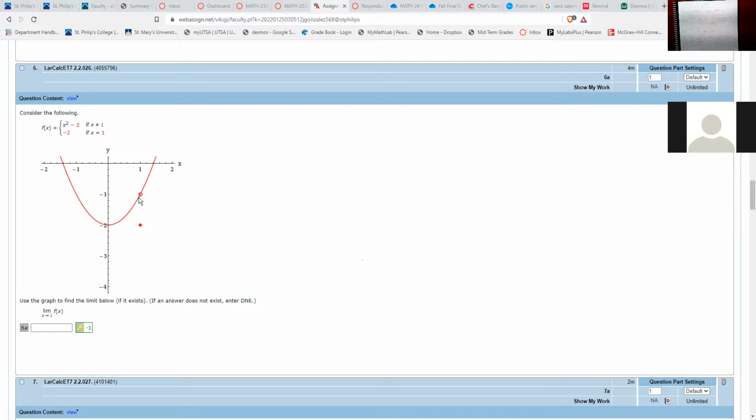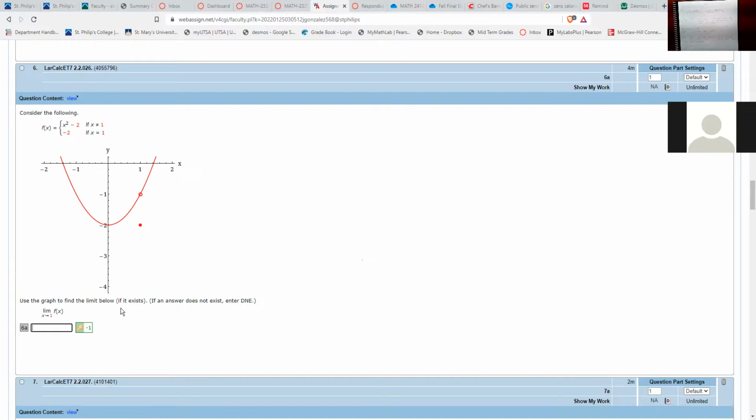So they're going to the same place, right? That means the limit is -1 and it exists. They're not different. Most of the time, if it's connected like that, it's going to exist. But I advise you to look at it yourself and see what the y values are doing. If they're going to the same place, then you're good. You would just say -1.